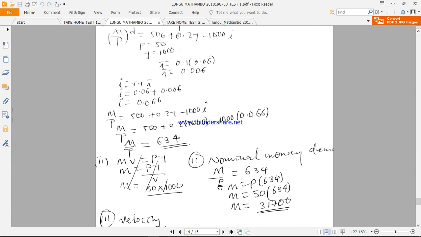So we can just say M over P is 634, then make M the subject of the formula, because what we want is the nominal money demand, not the real money demand, which we already have as 634. So if M over P is equal to 634, then let's just make M the subject of the formula.